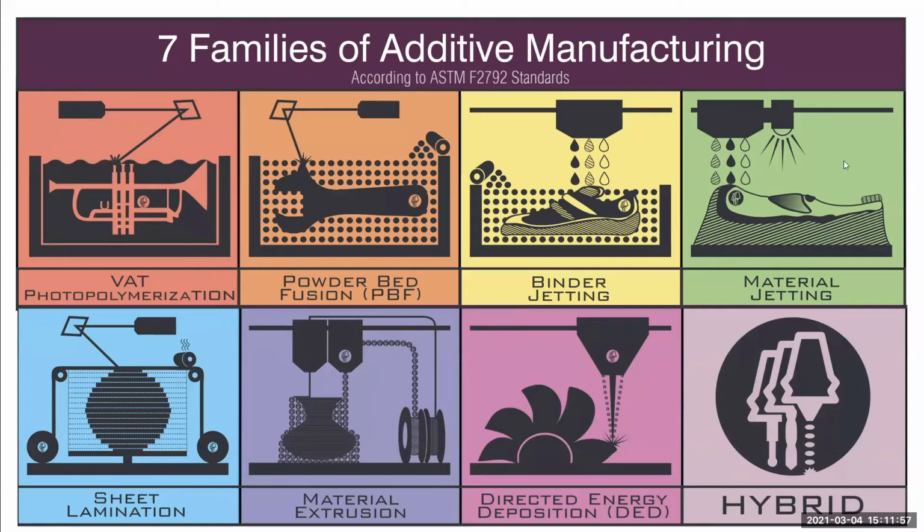So that's like a mixture hybrid process. But oftentimes, if you can kind of tell, on these first three processes there's some form of standard receptacle. So here we have the vat that the photopolymer resides in.